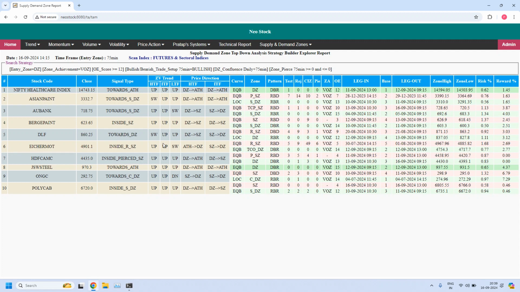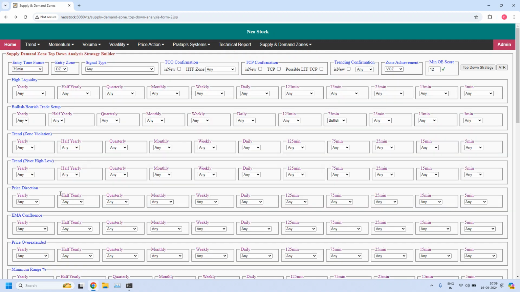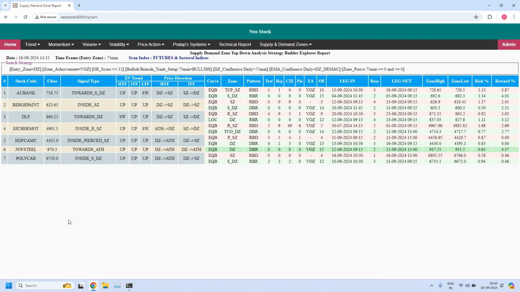And if any of these 10 stocks are having daily EMA confluence, it is a high probability trade setup. So I'm going back in the EMA confluence. In the daily time frame, I am selecting daily demand zone with daily EMA confluence. Let's filter. So out of 10, 7 stocks are filtered.